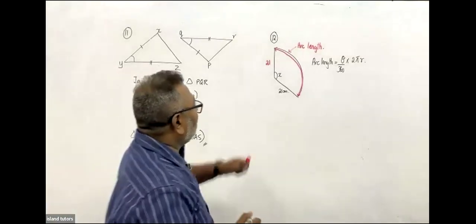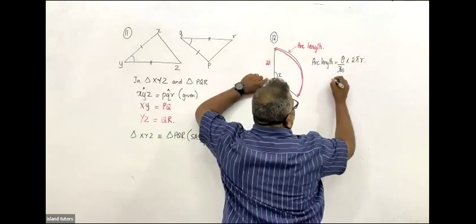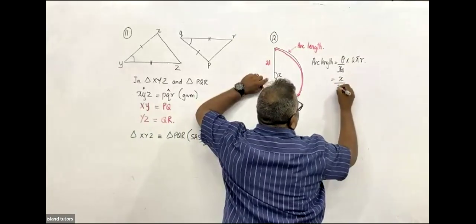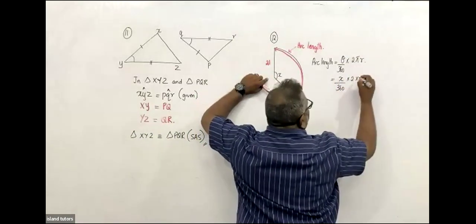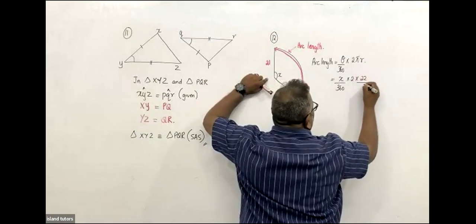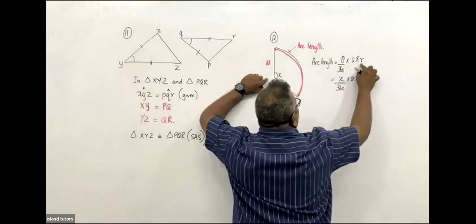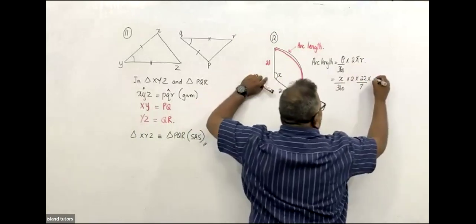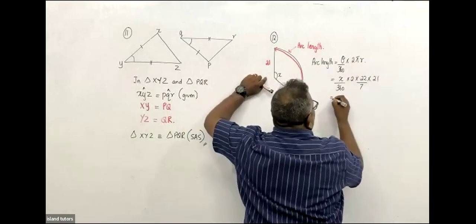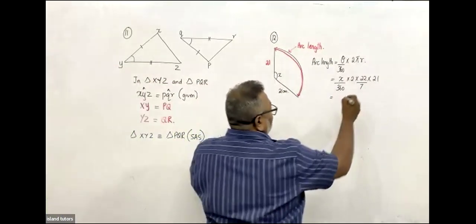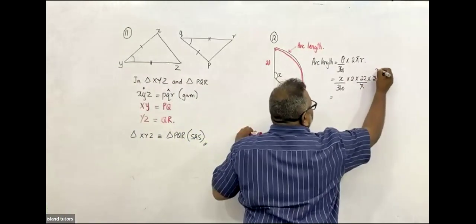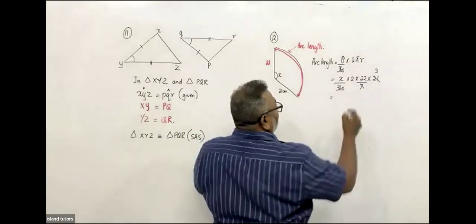So arc length, central angle is x over 360 into 2 into pi, which is 22 over 7, into radius, which is 21. Simplify. This 7 and 21 will cancel, becomes 3.